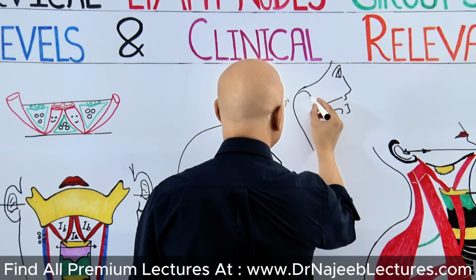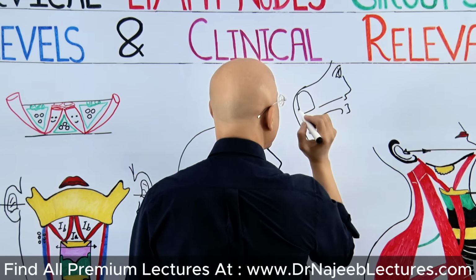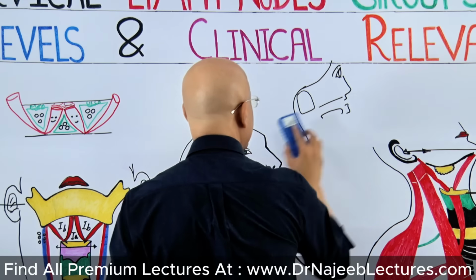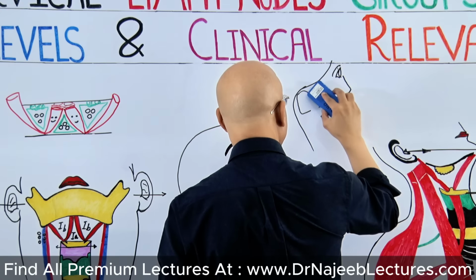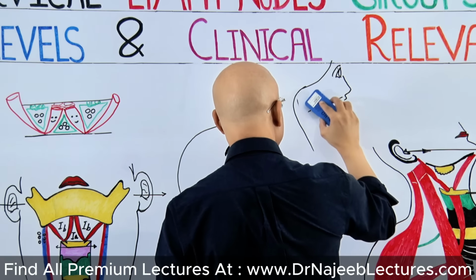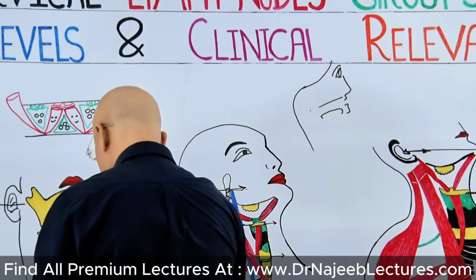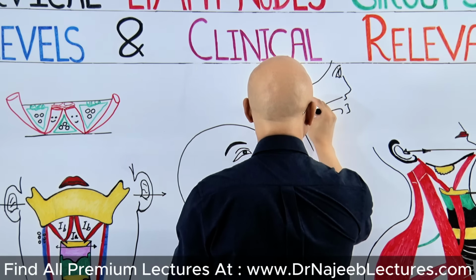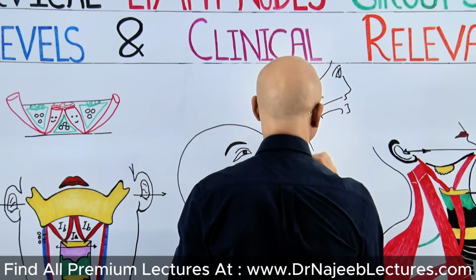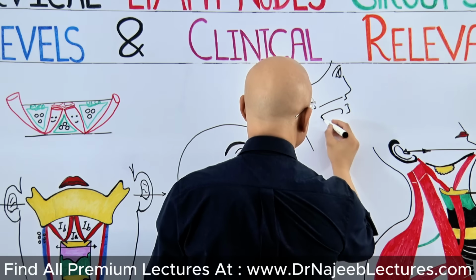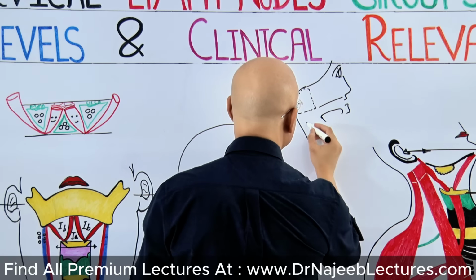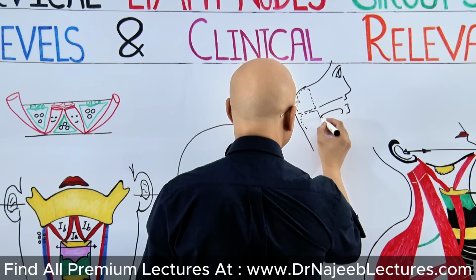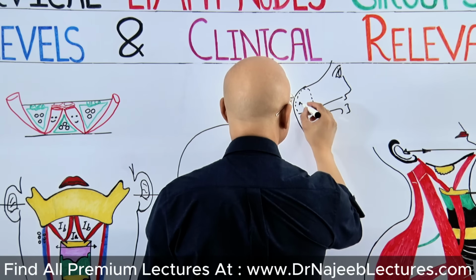So this is nasopharynx, right? I should draw it rather with dotted lines. This area is nasopharynx. Now, this area which is behind the oral cavity, this is called oropharynx.